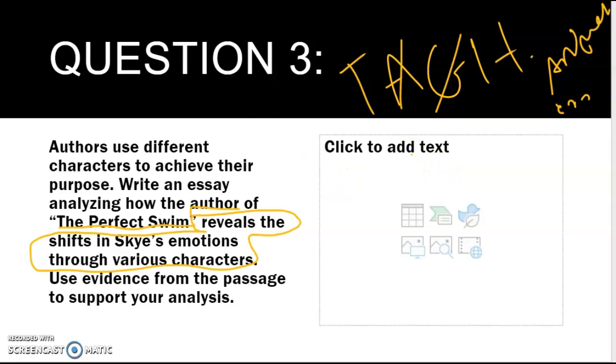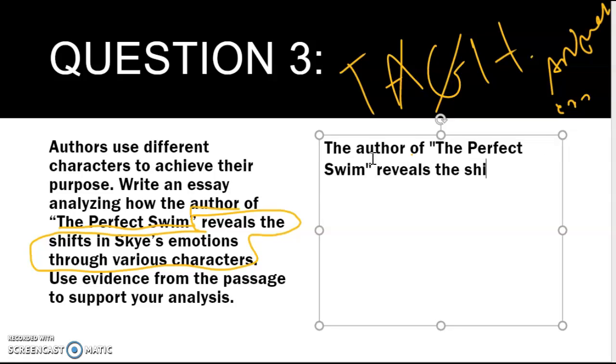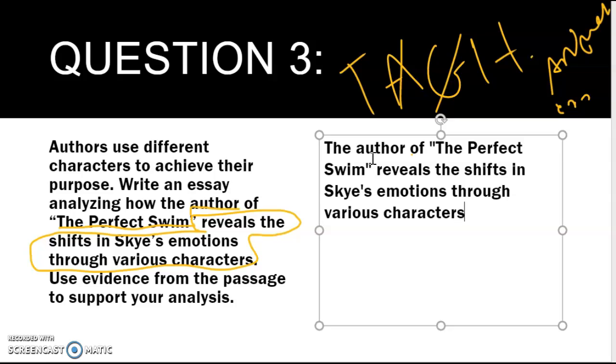So we're going to show our answer because we didn't read it by doing our dot, dot, dot. So here we go. Let's use what we have to write our answer. The author of The Perfect Swim reveals the shifts in Sky's emotions through various characters by dot, dot, dot, dot, dot.